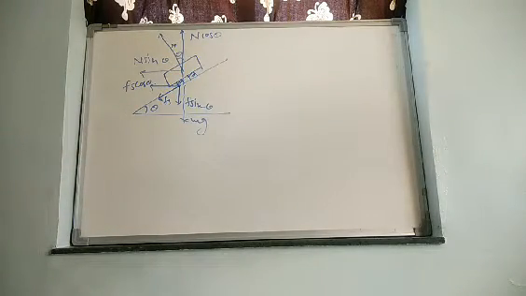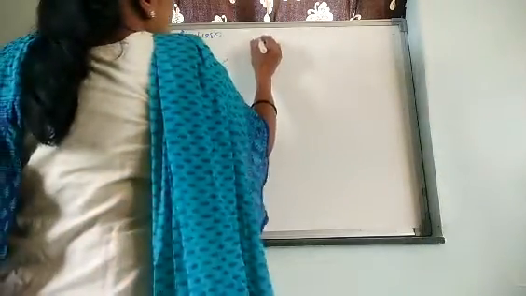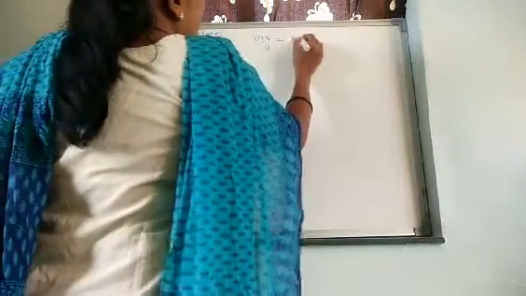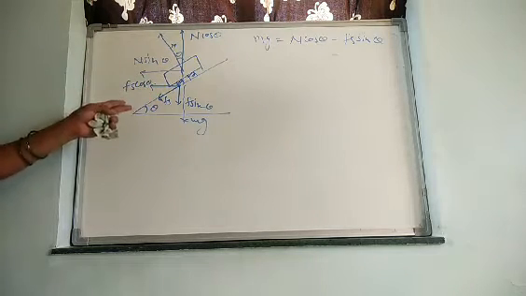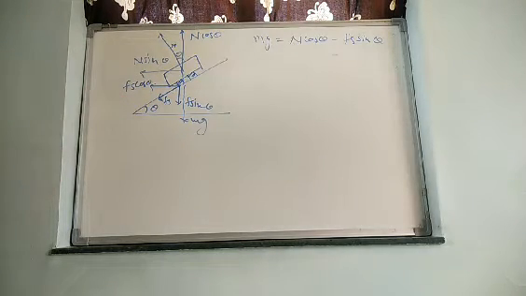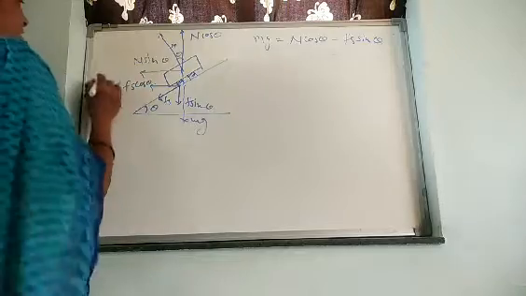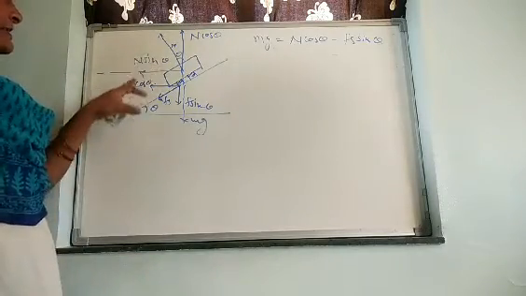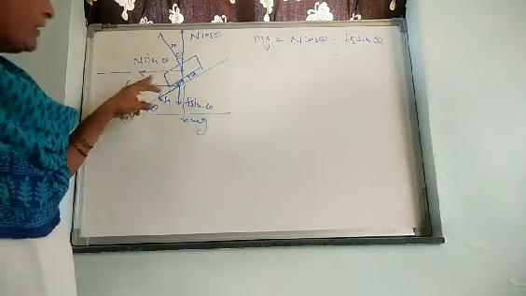Now with the help of this diagram we can write the two equations. Weight mg is equal to n cos theta minus Fs sin theta. You have to see what happens in case of lower speed limit and what happens in case of higher speed limit. That is, mg is equal to n cos theta minus Fs sin theta, and n sin theta is directed toward the center, and n sin theta and Fs cos theta play an important role for centripetal force.